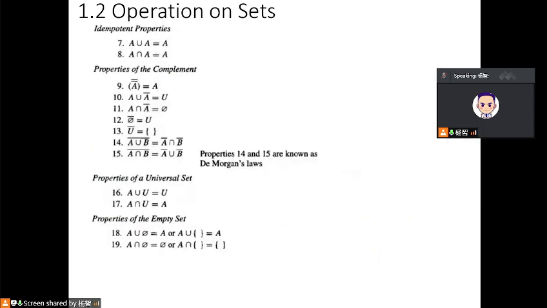And we also have an important property. A union A equals A, and the intersection of A and A is equal to A. Okay, this can be easy to check. Okay, the property of complement. We have seven equations of the property of complement.